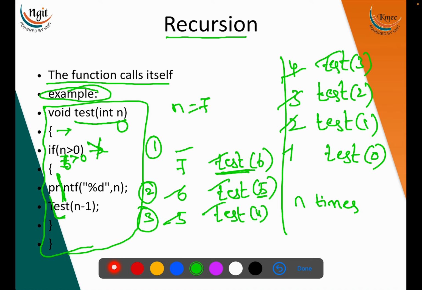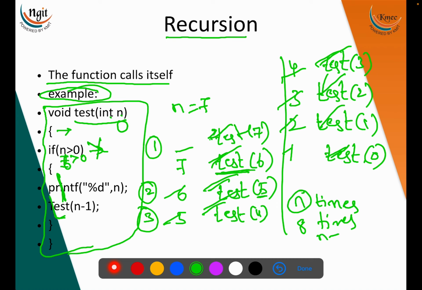When we called test 7, the count begins: test 7, test 6, down to test 0. Count it: 1, 2, 3, 4, 5, 6, 7, 8. 8 times, while my n value is 7. So n plus 1 times. The recursive algorithm gets executed n plus 1 times.